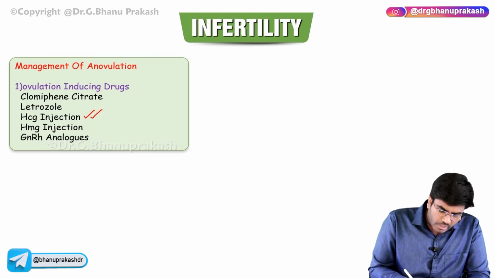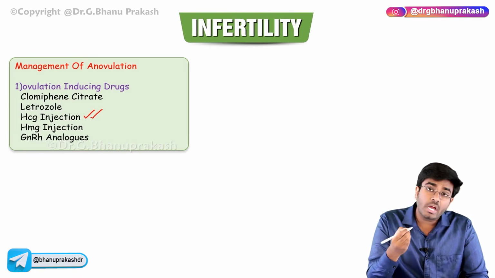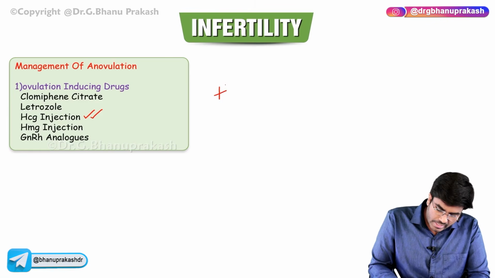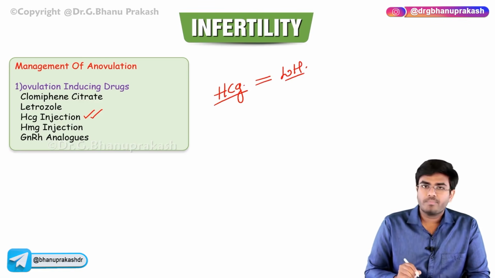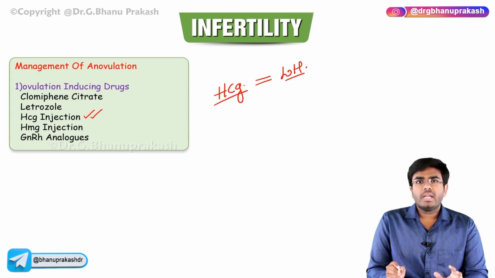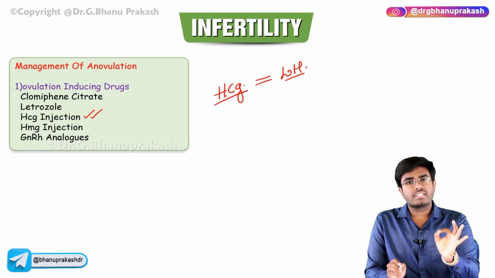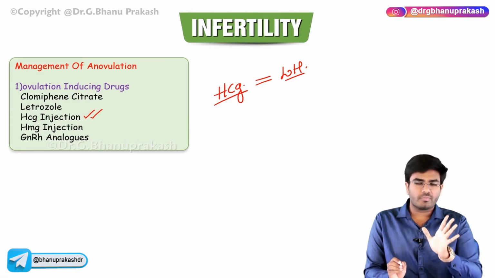So why are we using HCG injection for ovulation induction? How is HCG going to be helpful in this condition? Guys, please concentrate. HCG, human chorionic gonadotropin, is functionally equivalent to luteinizing hormone. We all know that luteinizing hormone is the one which causes resumption of meiosis 1 and causes ovulation in a normal female.